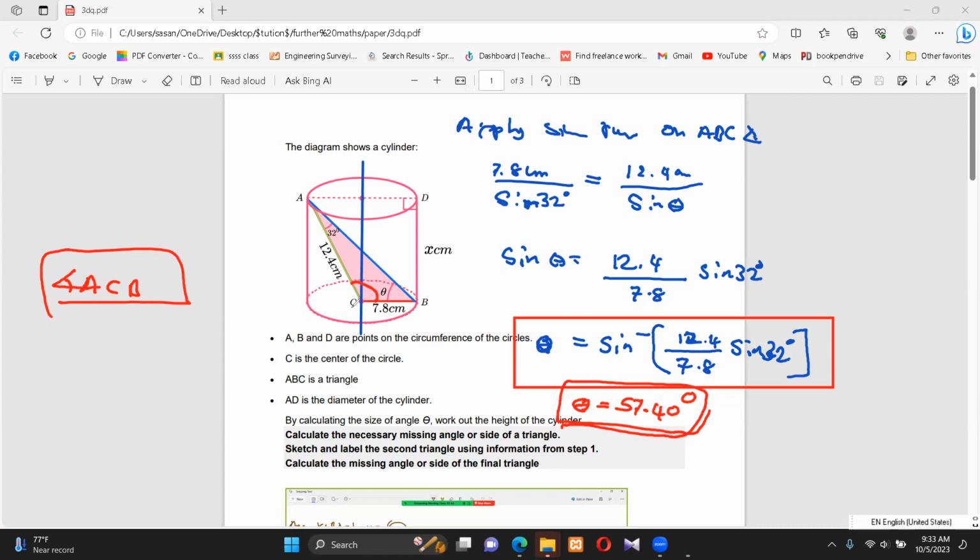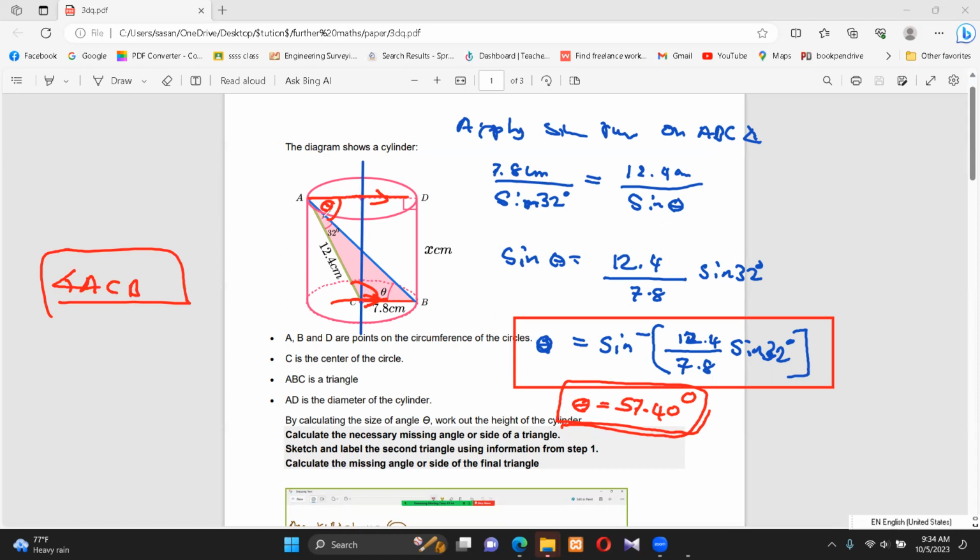Now you want to compute x. Actually, there are a couple of ways to compute x. What is the easiest way, while you have found this angle theta? You know, while these two are parallel, they are corresponding angles, right?